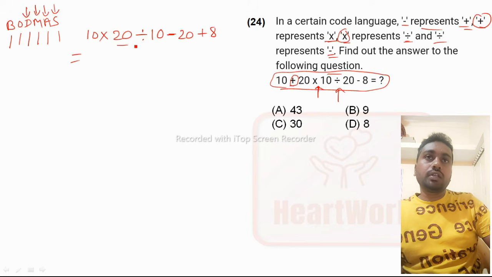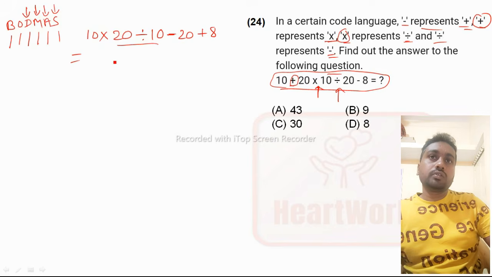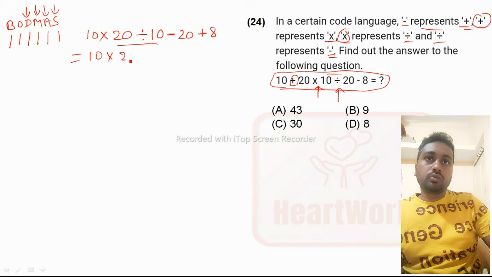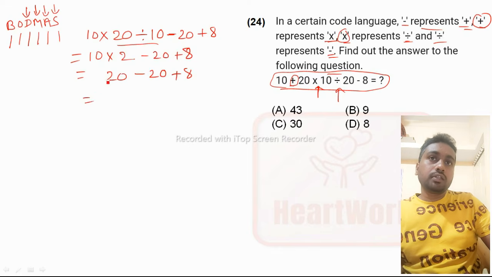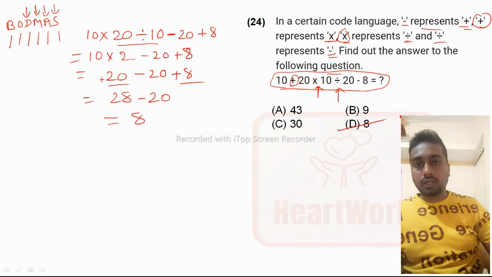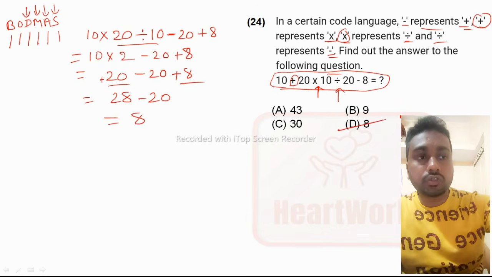So first we divide 20 by 10, it will come 2. Again we have to multiply now. So 10 into 2 is 20 minus 20 plus 8. Now we have to add: 20 plus 8 is 28, minus 20 is equal to 8. So option D is the right answer. Like that you have to solve the question.